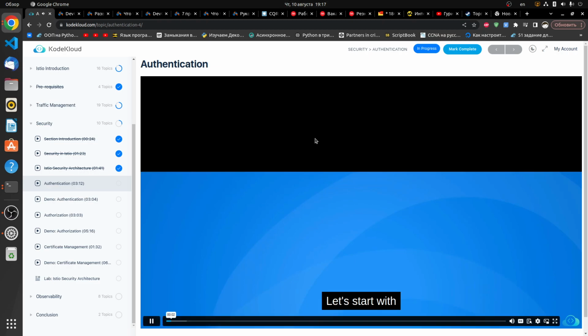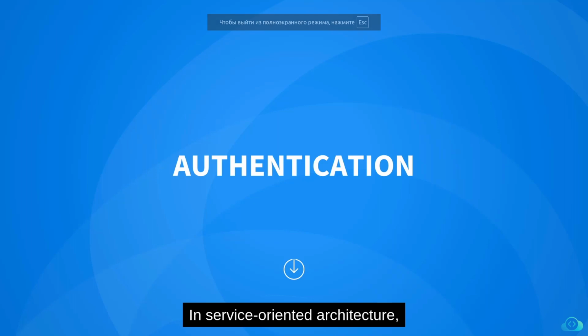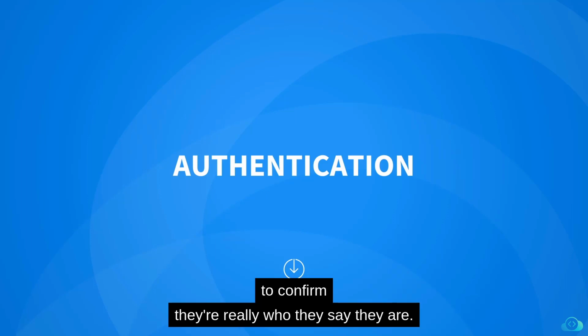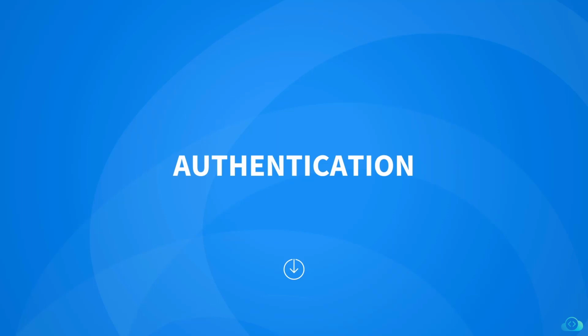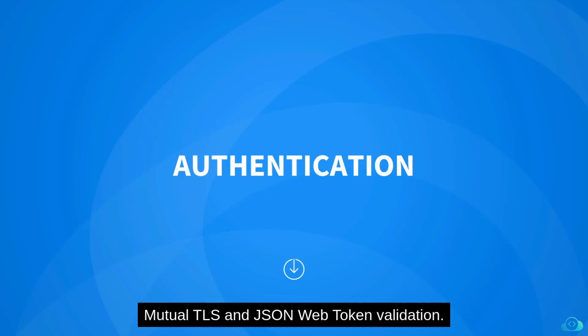Let's start with authentication in Istio. In a service-oriented architecture, we need to make sure that communication between two services is authenticated, meaning when a service tries to communicate with another service, there should be a way to confirm they are really who they say they are. This is done by hardening traffic using verification options like mutual TLS and JSON Web Token validation.